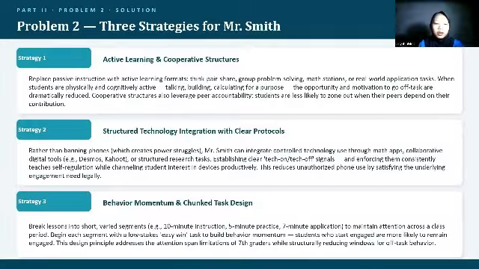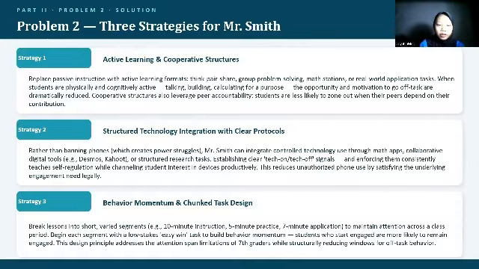Teach self-regulation while channeling student interest in devices productively. This reduces unauthorized phone use by satisfying an underlying engagement need legitimately.